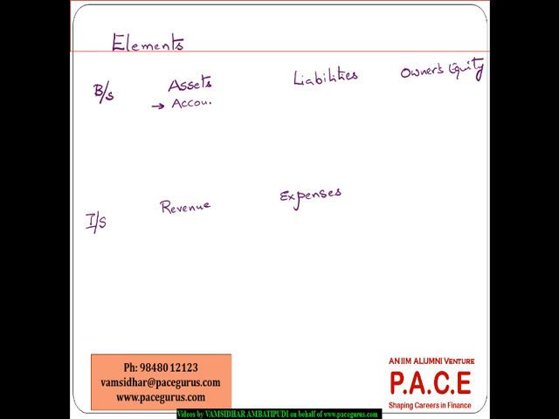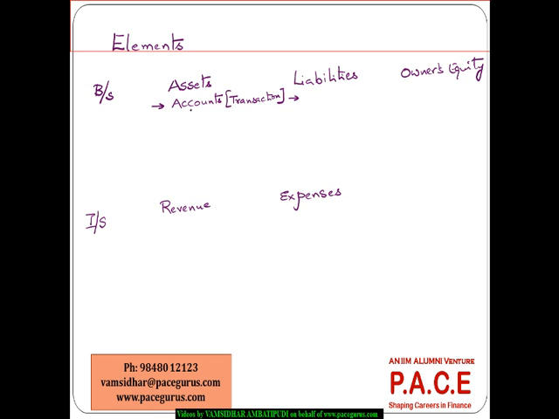Within assets, there are different kinds of accounts. Within liabilities, there are different kinds of accounts. And when I'm using the word accounts, these are those kind of records for where the transactions are typically recorded.